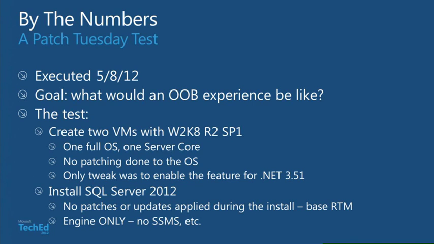One of them was Windows Server 2008 R2 SP1 full OS, no patching, enabled .NET 3.5.1, and installed SQL 2012 on both of them. So there was one full, one core. Then he installed SQL 2012 on them, no patches, just the core database engine. Okay?